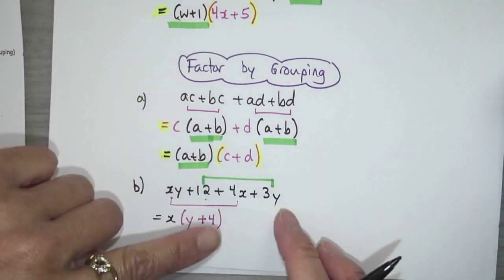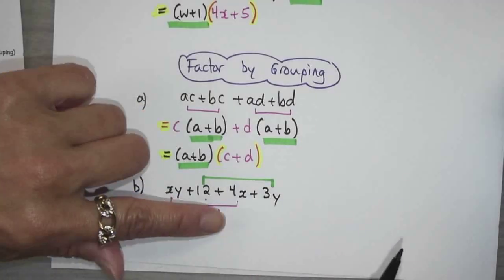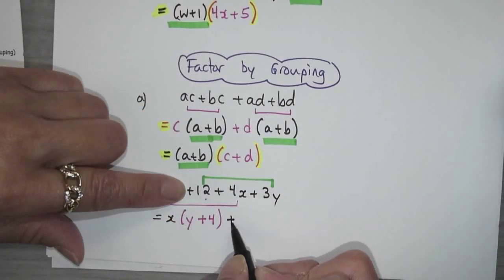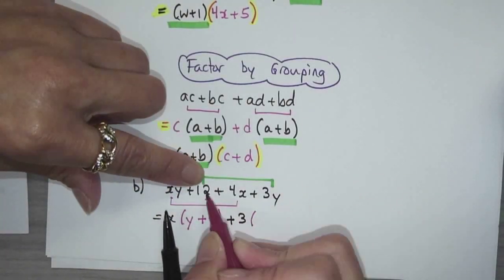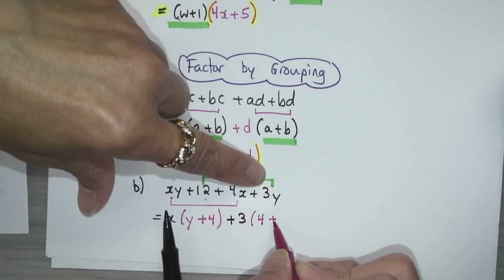And then for the second two here, the 12 and the 3y, what's common? I get 3, right? And then what's left over: 3 divides out of the 12, 4, and y.